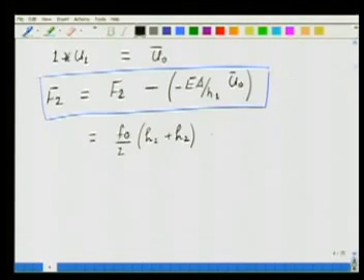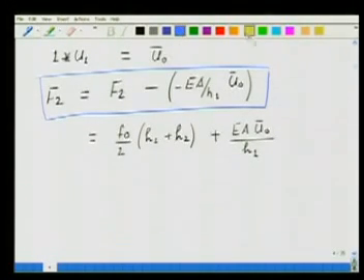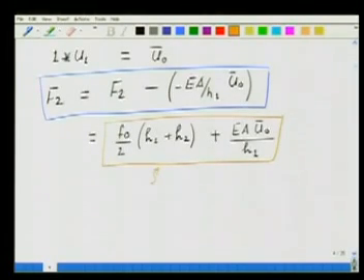So to that I am going to add EA U naught bar by H1. So this becomes the so called corrected or the modified right hand side for our problem.